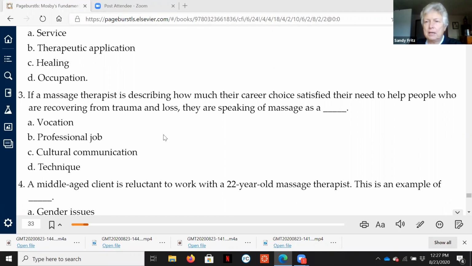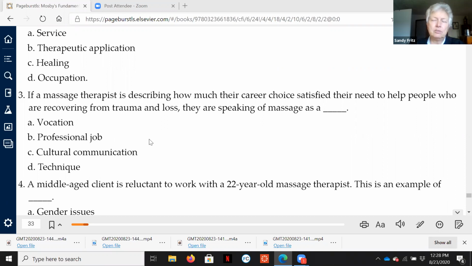A professional job can be any job. It can be being a pharmacy tech, it can be a veterinarian, it can be a massage therapist. But when we are talking about it in terms of this context, this internal satisfaction, how we're satisfied with this, then that is what more specifically sets it apart as a vocation.